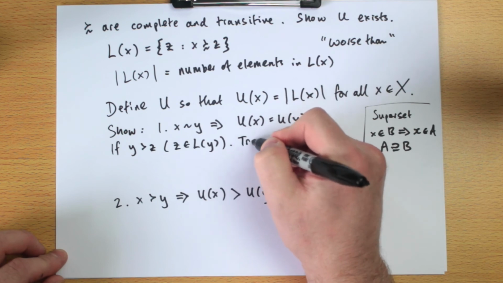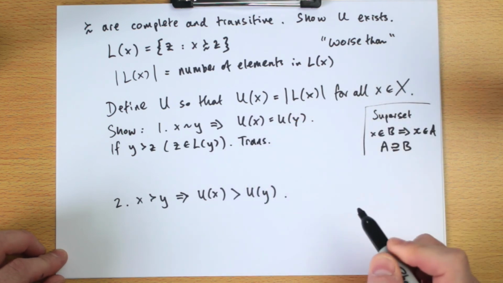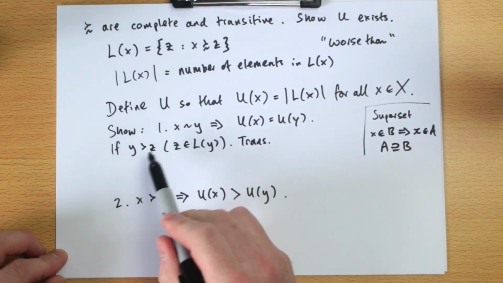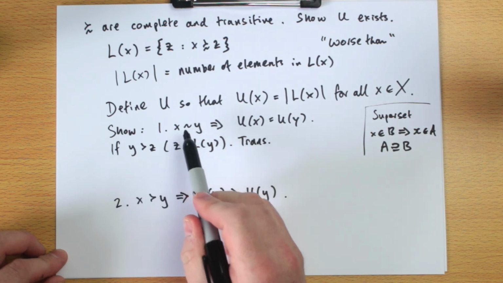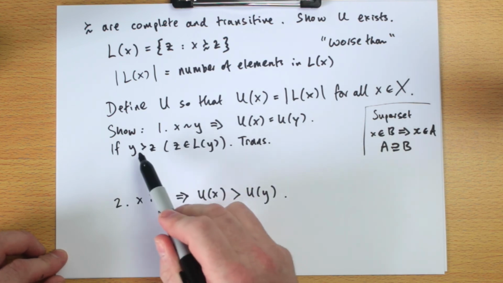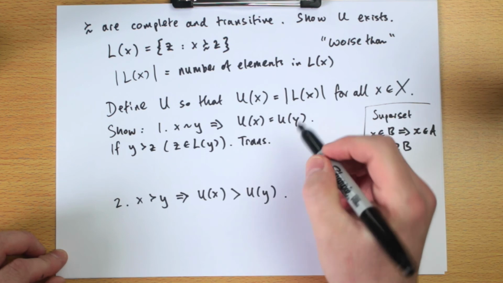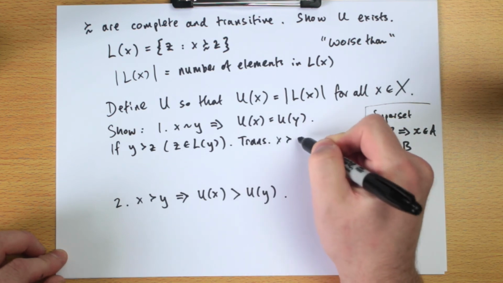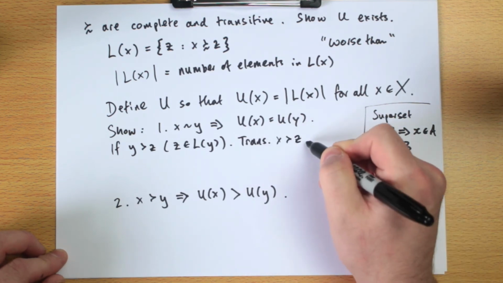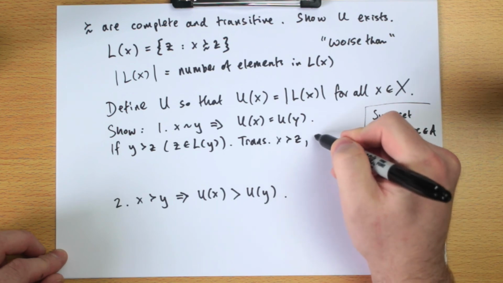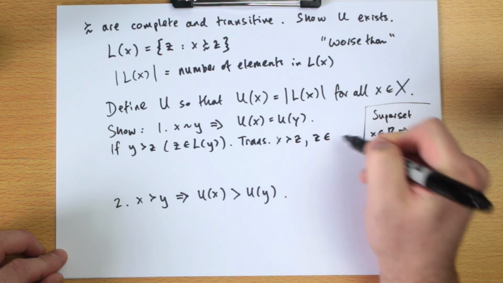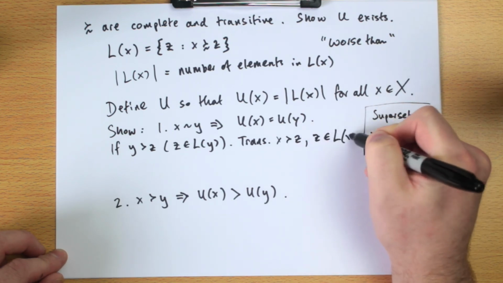Transitivity then says, I'll just write trans for transitivity, if I'm indifferent between x and y, and I like y better than z, then I like x better than z, which means that z belongs to Lx.